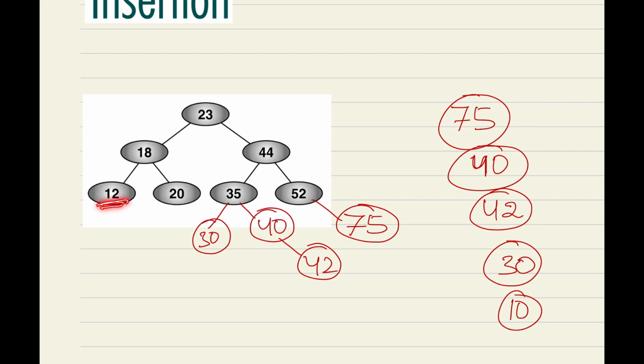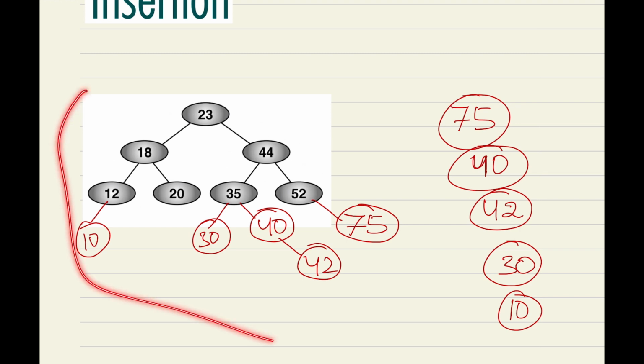So here the new root is 12, so compare 12 with 10, 10 is smaller, so just add 10 here. So in this way we can insert new nodes into a binary search tree so that the properties of the binary search tree are preserved.